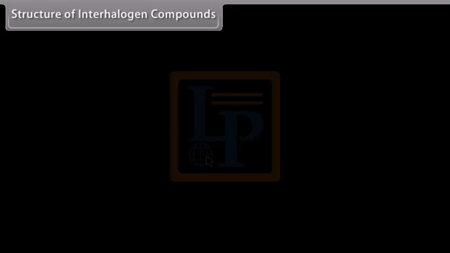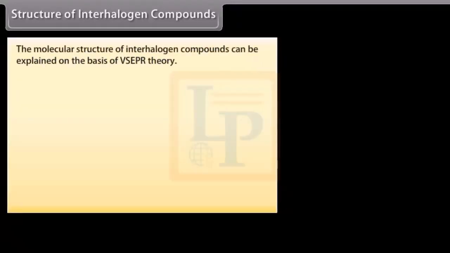Structure of interhalogen compounds. The molecular structure of interhalogen compounds can be explained on the basis of VSEPR theory. The structure of AX type of interhalogens is linear.